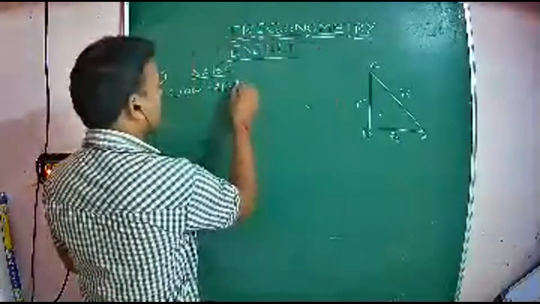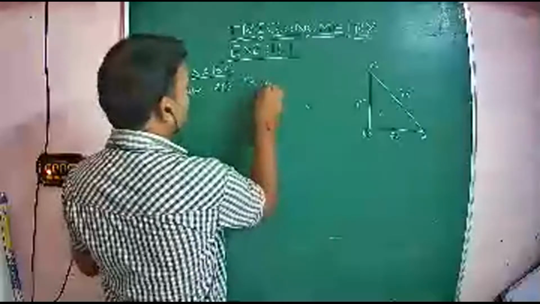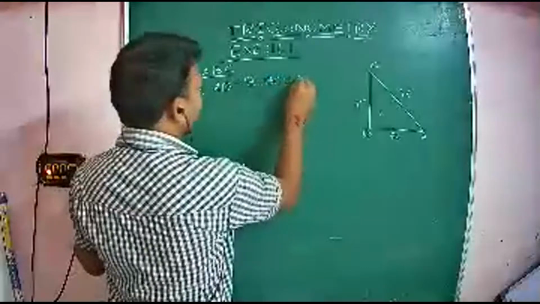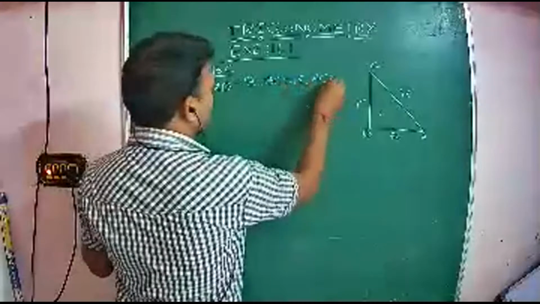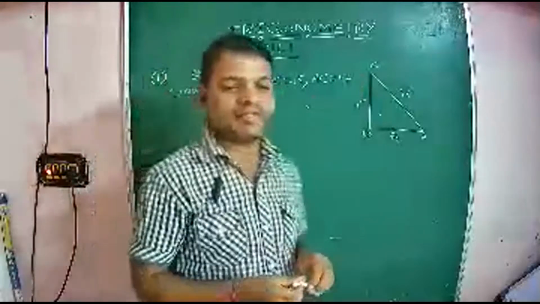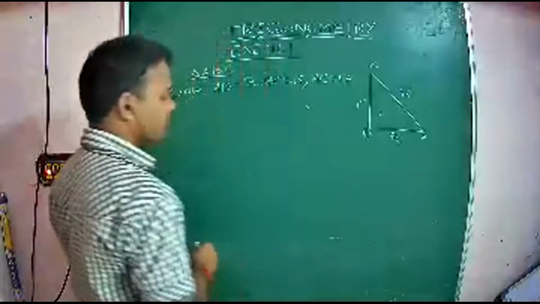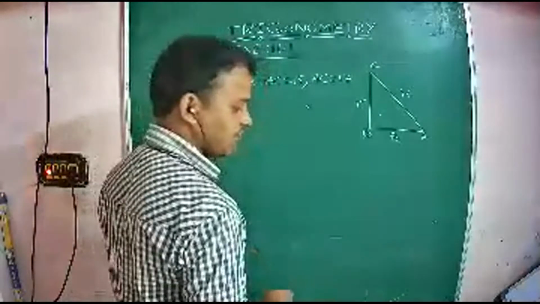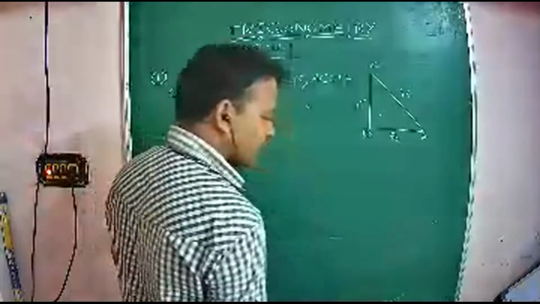So AB is equal to 8, BC is equal to 15 and AC is equal to 17. Clear, everybody?